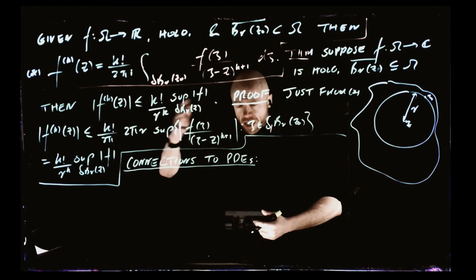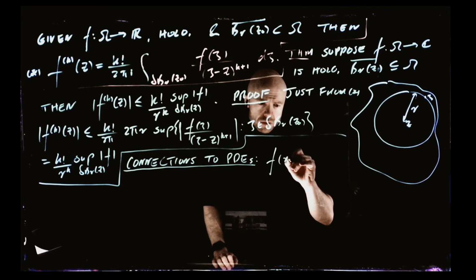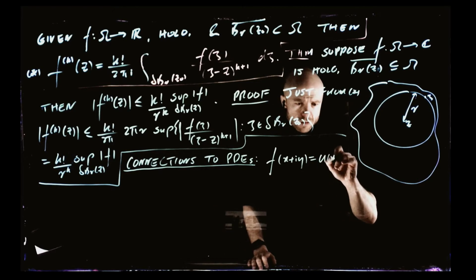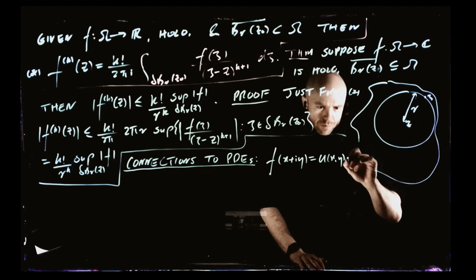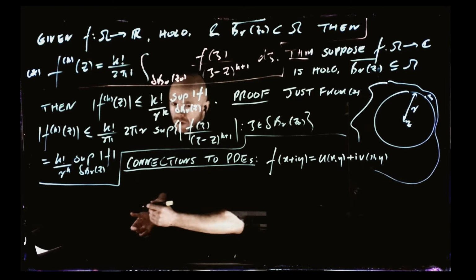So how are these things connected? If we write f in this way that we've been doing, okay, then we have the Cauchy-Riemann equations.